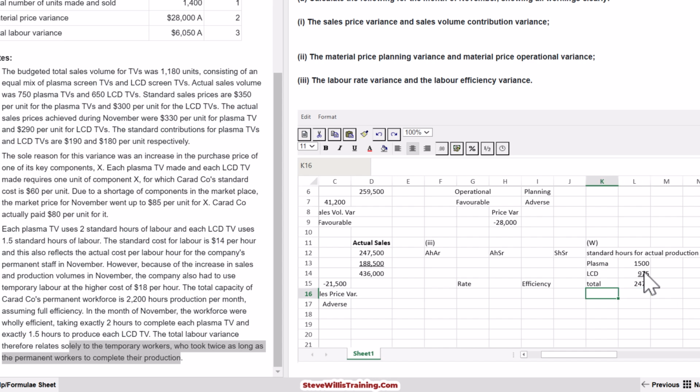But we have a problem. Houston, we have a problem. We only have 2,200 permanent worker hours. So now we can do this. Perm worker total hours.